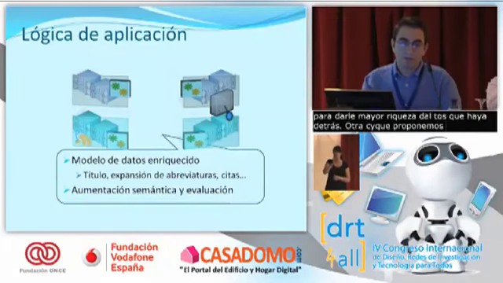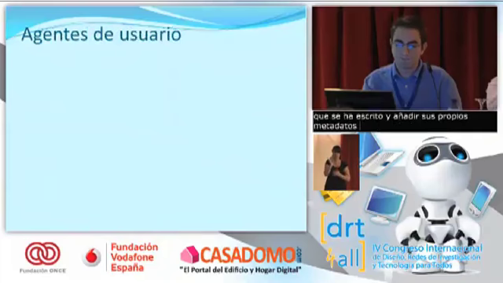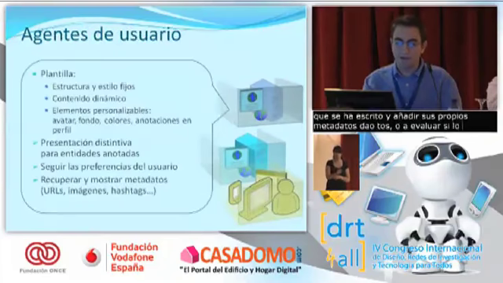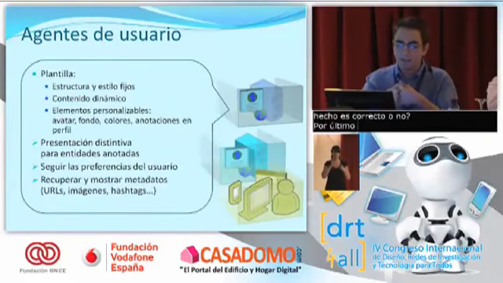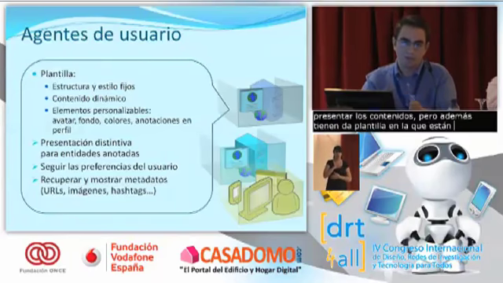And another question that we propose is a semantic assessment. Why don't we try to understand what is being said and add metadata so that Twitter can decide whether what a user has written is correct or not? And then we have the user agents. The user agents present the content, but they also have a template.